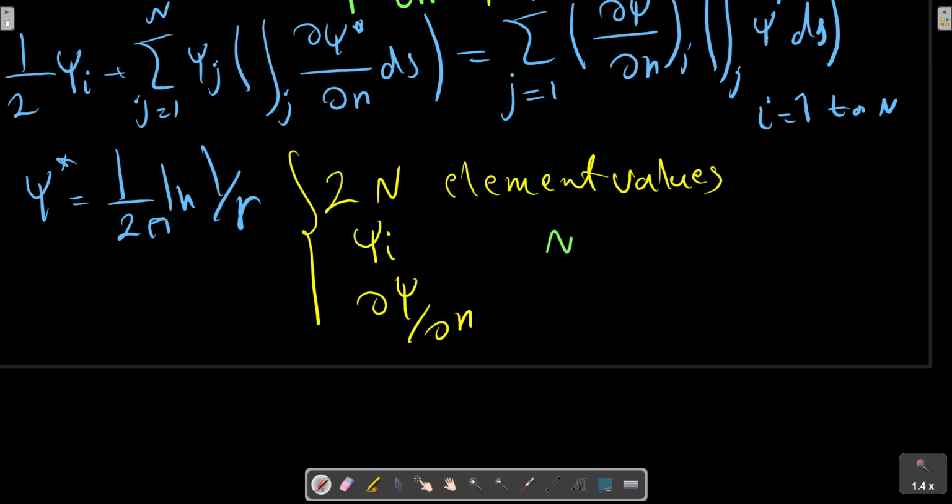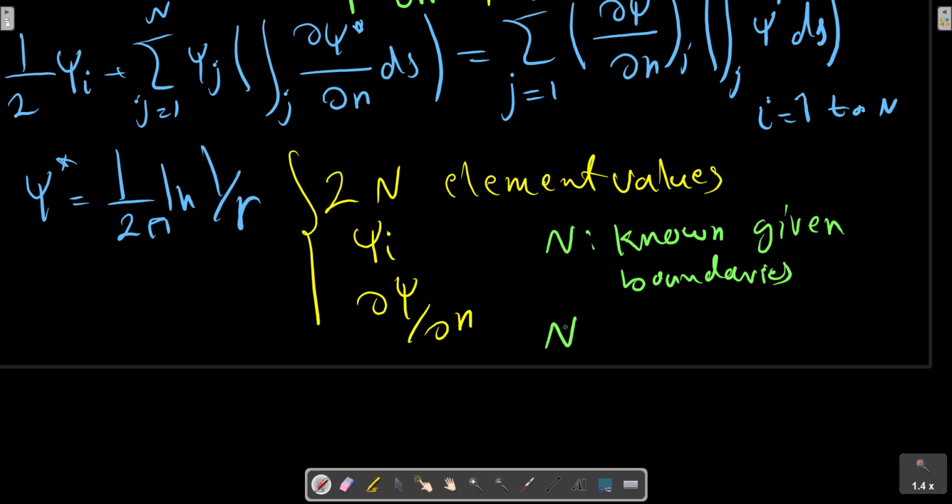For the 2n values, n are known from the given boundaries and n should be calculated, solved simultaneously from these equations.